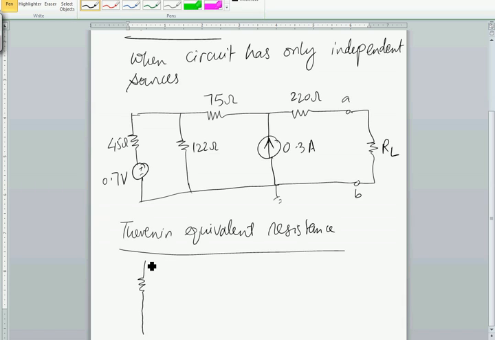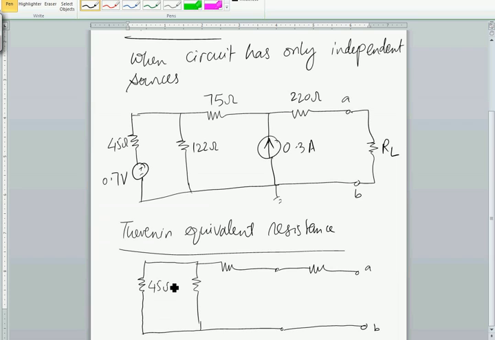I'm short circuiting the 0.7 volt source, and I'm going to open circuit where 0.3 ampere current source is connected, and I'm also going to remove my RL between terminals A and B. What we are left with is 45 ohm, 122 ohm, 75 ohm, and 220 ohm resistor, and we are going to find the equivalent resistance between terminals A and B, looking inside the terminals from right to left, and that will give us the Thevenin equivalent resistance.